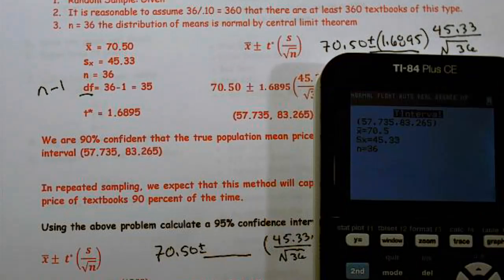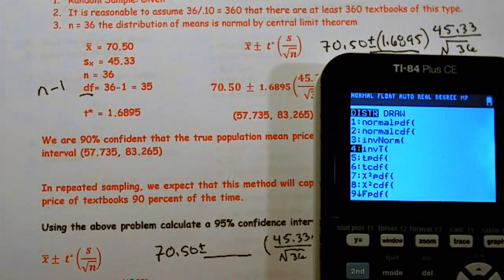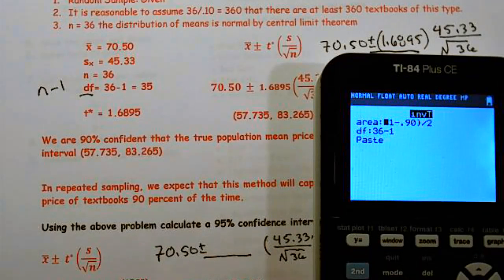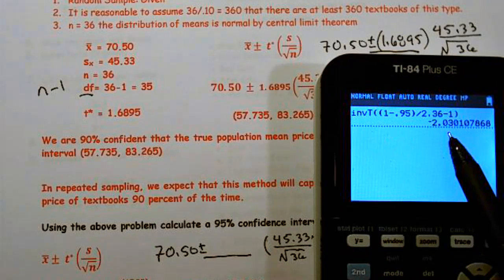So real quickly, T star, second vars, inverse T, and now it's going to be parenthesis 1 minus 0.95 divided by 2. Our degrees of freedom are still the same. And I end up getting 2.030.